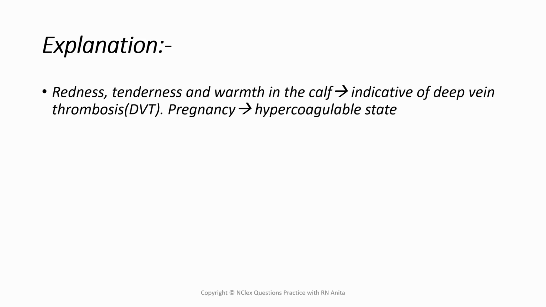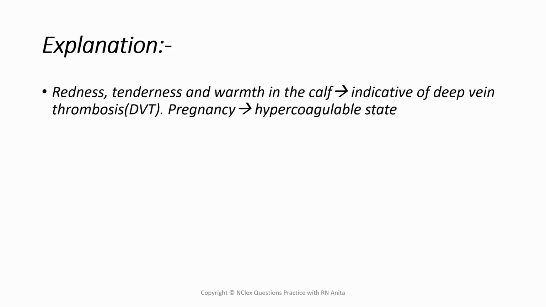If there is pulmonary embolism, then there will be shortness of breath and the patient might feel anxious. So feeling anxious and shortness of breath are symptoms of pulmonary embolism, which is directly or indirectly caused by deep vein thrombosis. And deep vein thrombosis is the outcome of a hypercoagulable state that one goes through during pregnancy.